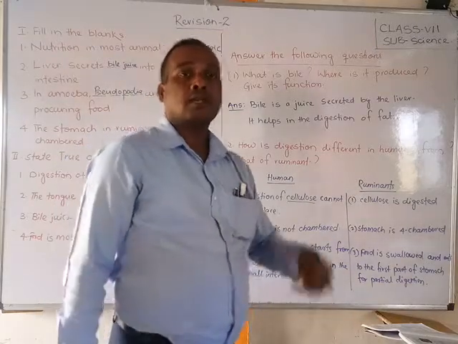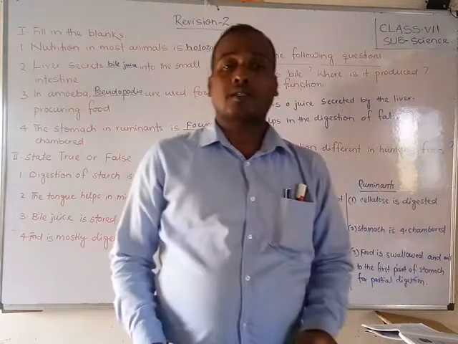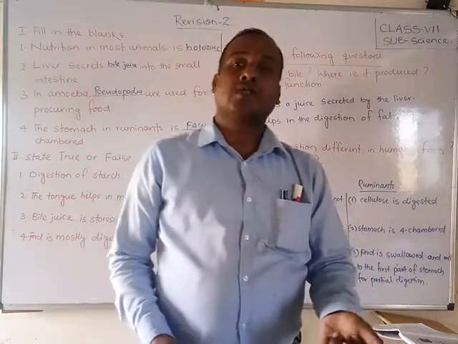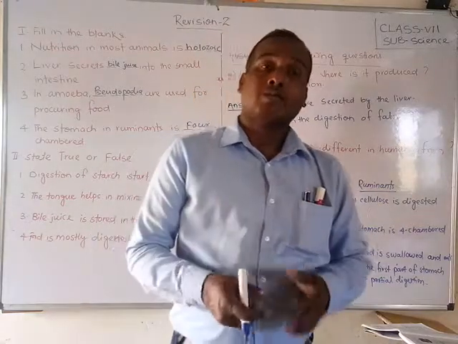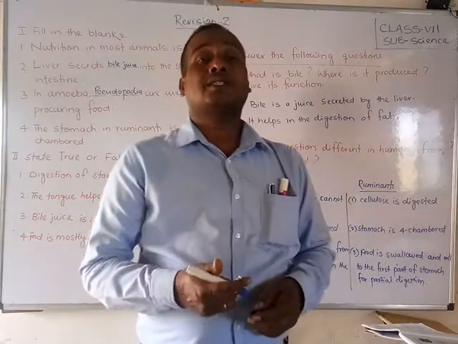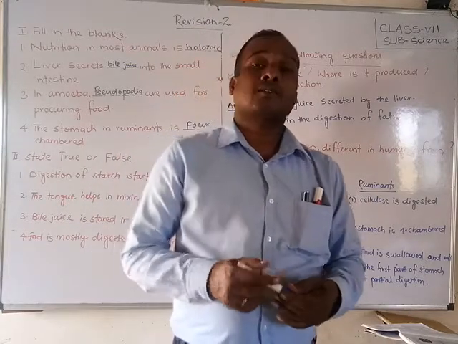In the human being, whatever food enters the stomach does not come back to the mouth again. But in ruminants, after partial digestion it is brought back to the mouth and chewed again, and then it goes to the second part of the stomach.